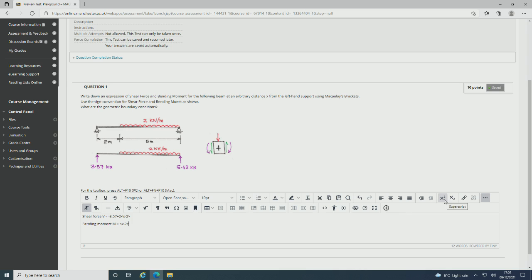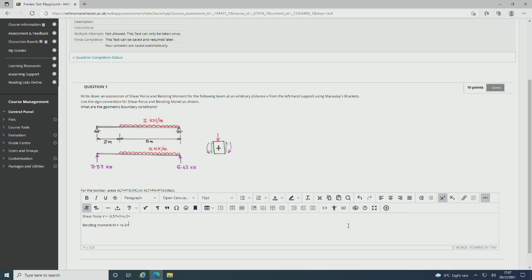If you see this one as a superscript, if you click that, that will give you square. And then you undo it, it will come to the normal one again, and then say minus 3.57x. So that is one way.